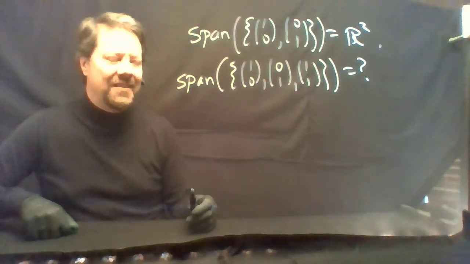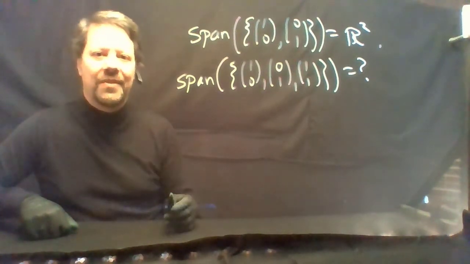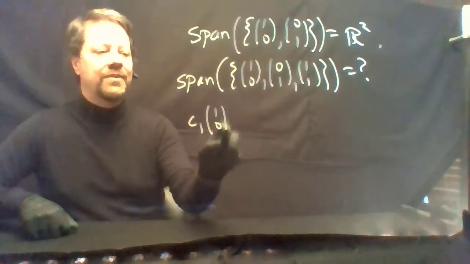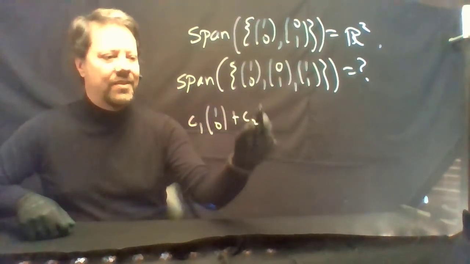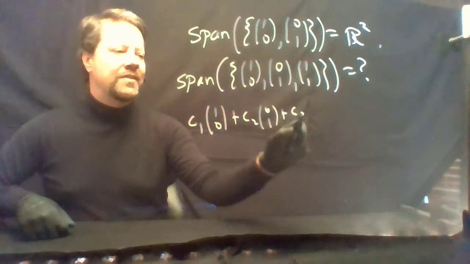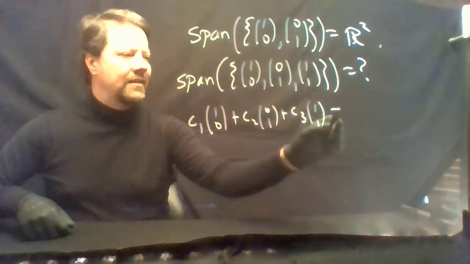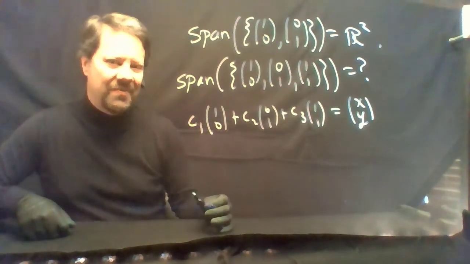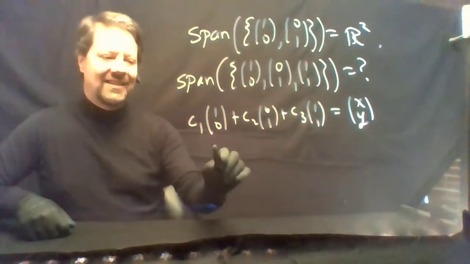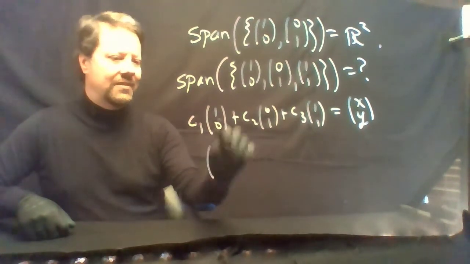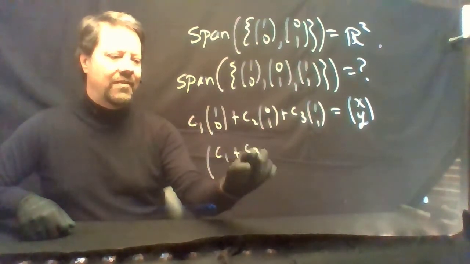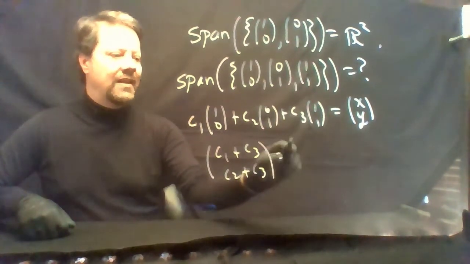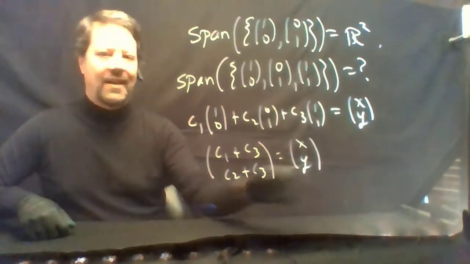It should be clear that this gives you all of R2, but I want to go through this in detail. Suppose I have C1 times (1, 0) plus C2 times (0, 1) plus C3 times (1, 1). Can I get an arbitrary (x, y) in R2? Well, this is equivalent to (C1 plus C3, C2 plus C3) equaling (x, y).